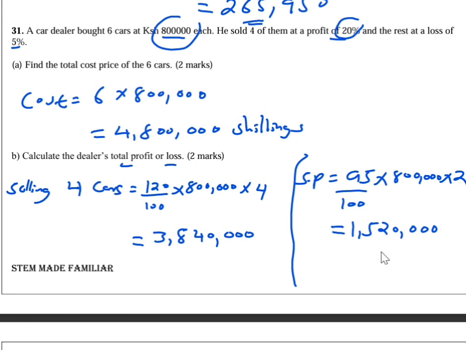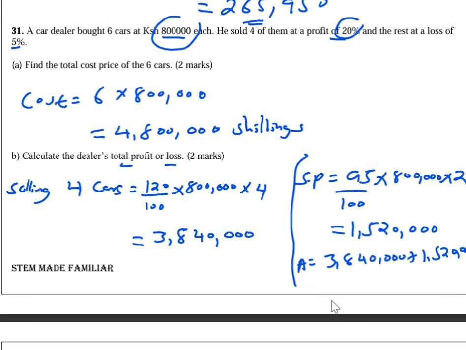So we can add these two. Total money alipata, amount yote alipata, you add these two. So amount alipata from selling the 4 cars and the 2 cars itakuwa ni 3,840,000 plus 1,520,000.